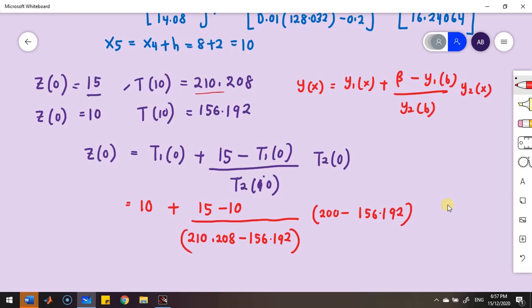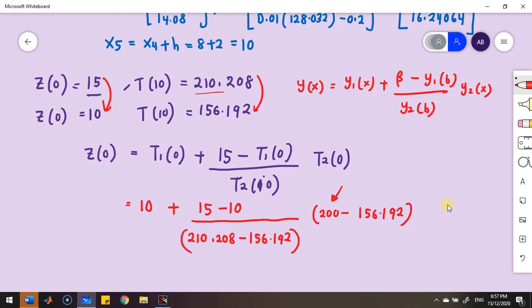This is the linear interpolation that we want to obtain. Okay, so 15 minus 10, and then this divided by this one minus this one, multiplied with 200. 200 is the exact boundary condition that we want to obtain.